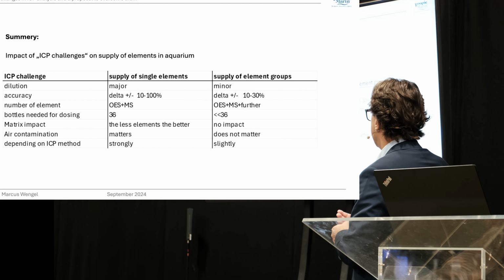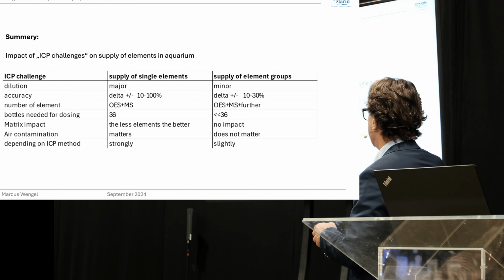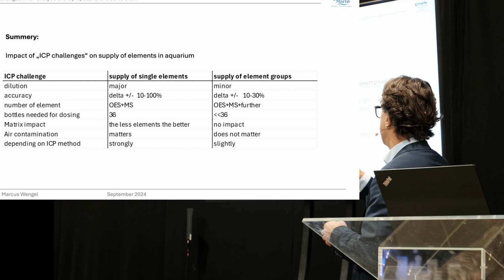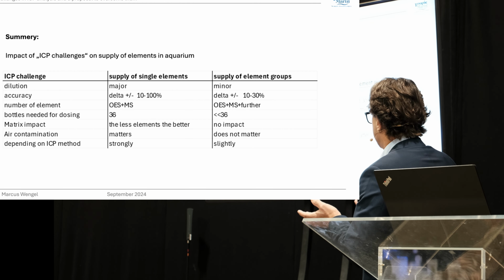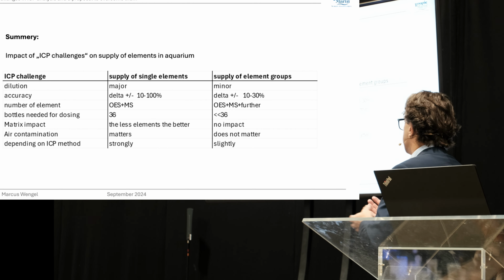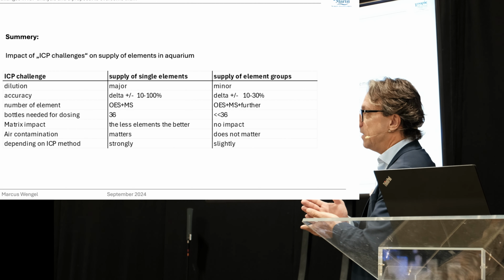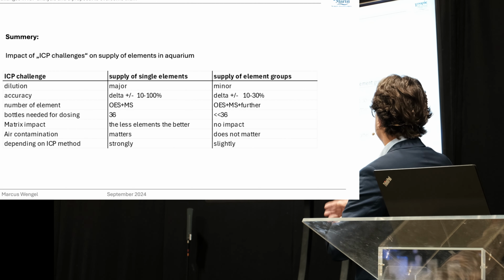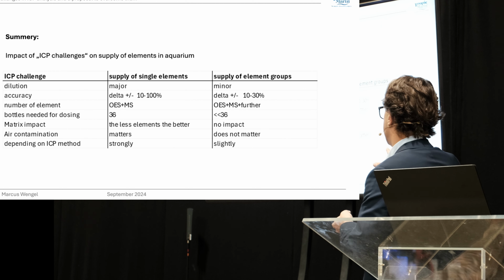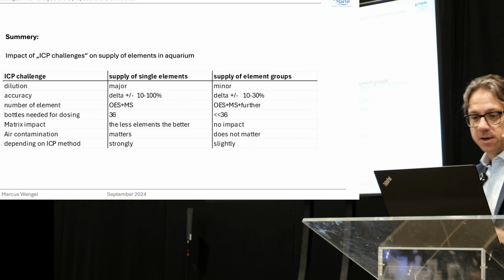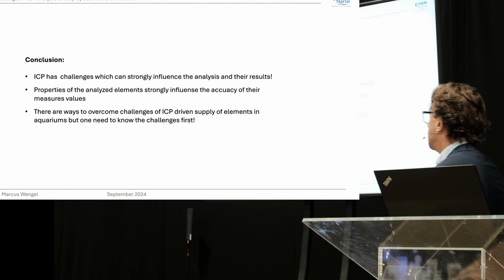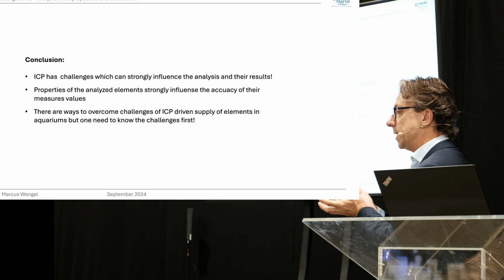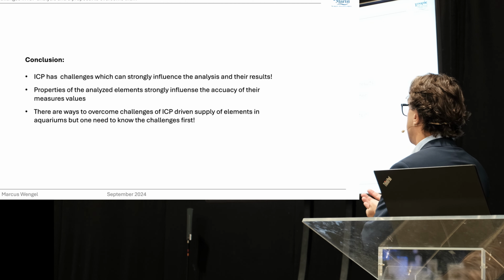Matrix impact: there is no matrix impact because we only use the guiding elements for dosing our tank. Depending on the ICP method, we know which wavelengths are clear to measure, so we have only a slight impact of this. So we could find with this maybe a method to dose our trace elements in our tank more accurately.